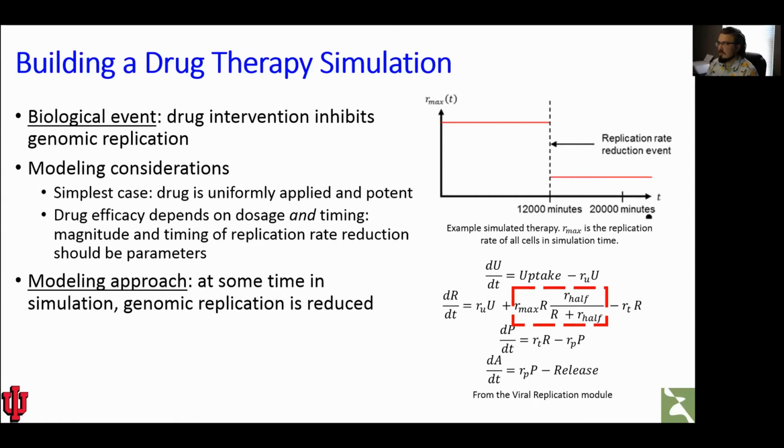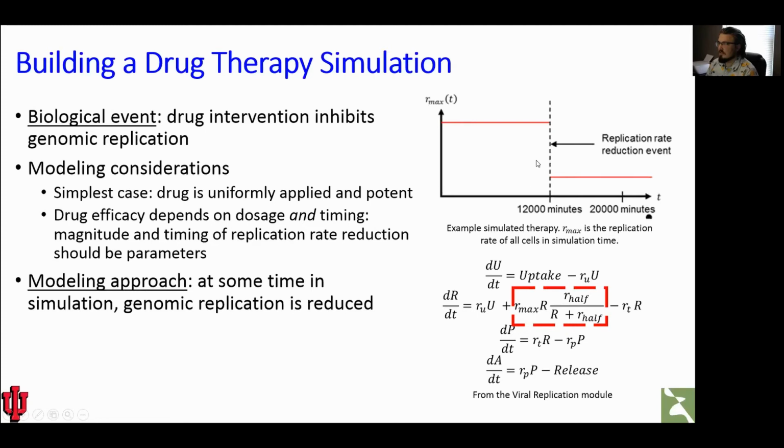Now, since both dosage and timing are important factors in drug therapy, when we build this, what we would like to define is model inputs for this simulation that define when a dosage is applied, in this schematic at 12,000 minutes, and also how much of a dosage, how strong.